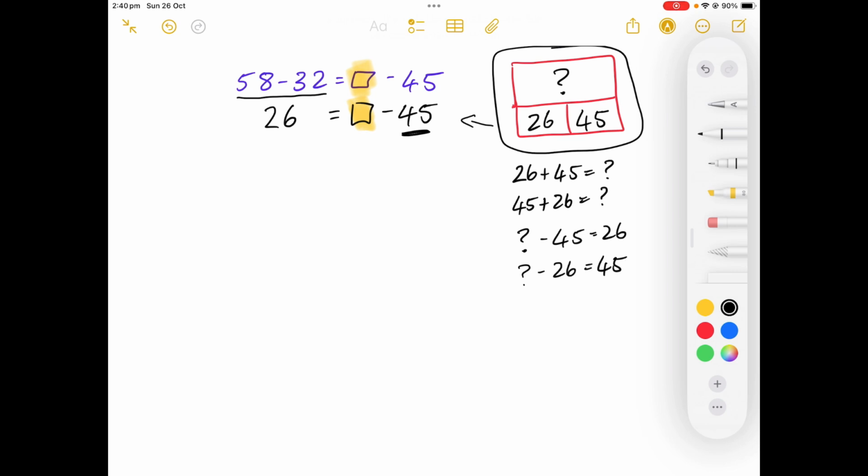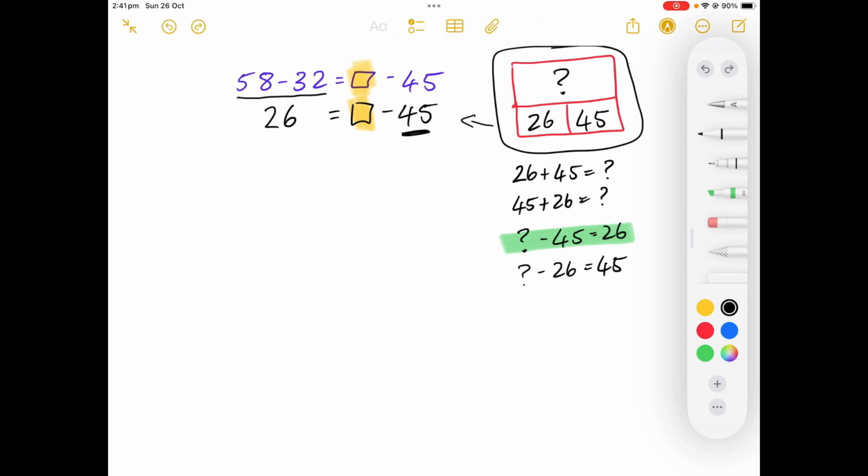So which of the equations that we've got here looks like this one? It's going to be 26 equals something take 45. Here we go. Something take 45 is 26. It's just reversed, isn't it? We've got the 26 on this side instead of on this side. But what's on here is the same. All right, so we know we've got our part whole right.